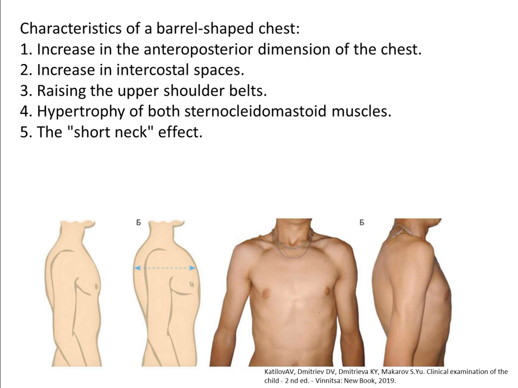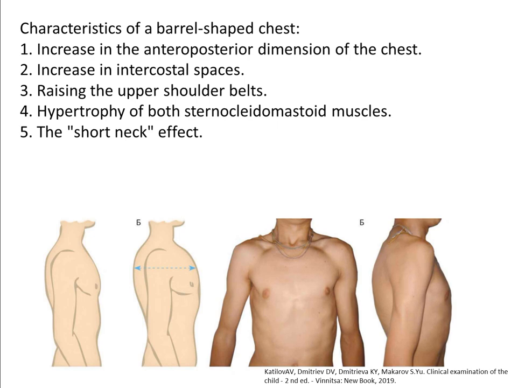Next, we go to inspection of the chest, and we pay attention to the shape of the chest, and one shape is very important. This is a barrel-shaped chest. So what are its features?